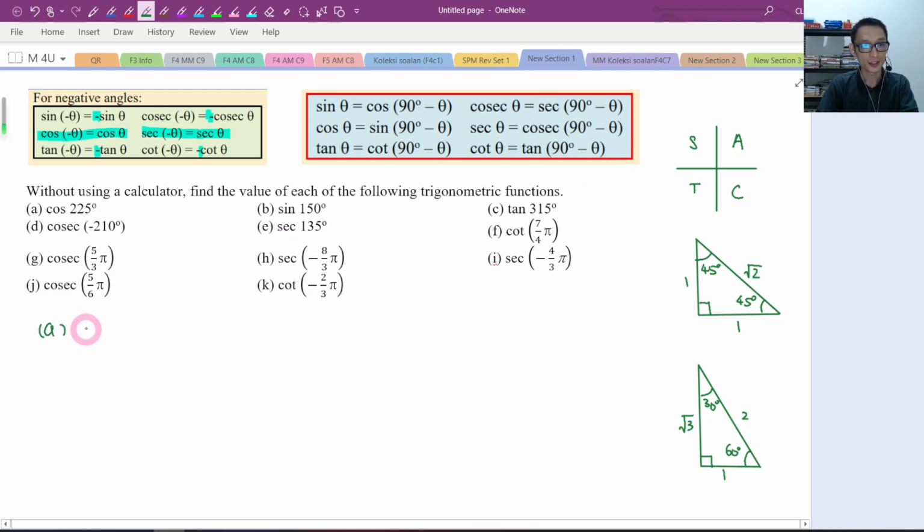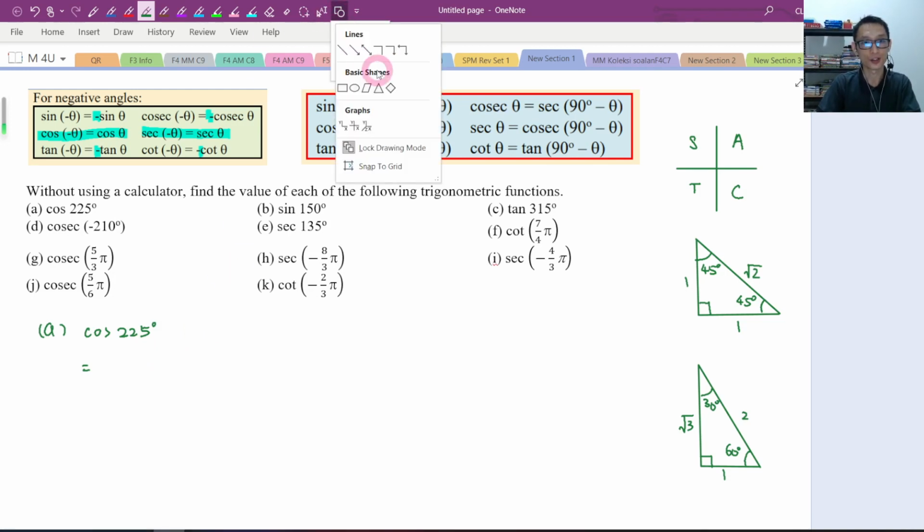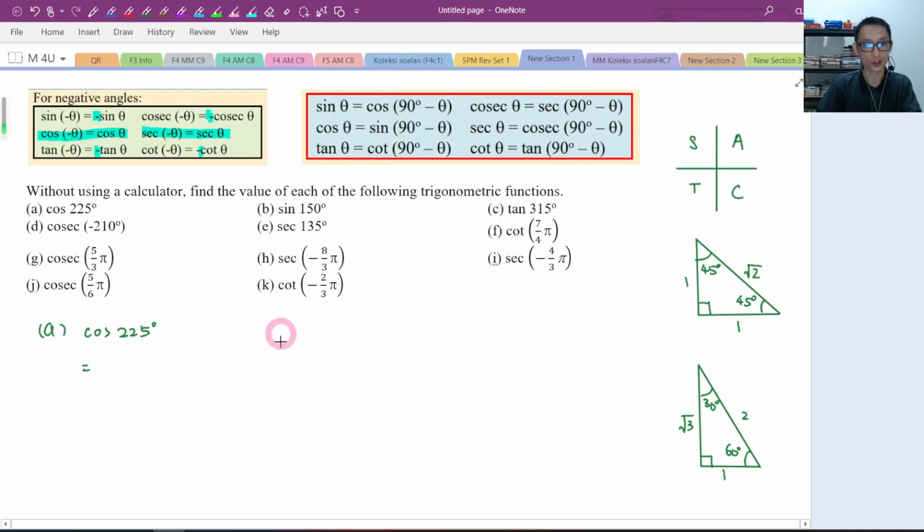Okay, cosine 225 degree. First we need to know which quadrant this angle lies in. Now let me just draw a cross for you. This is 225 degree, so it's somewhere around here.